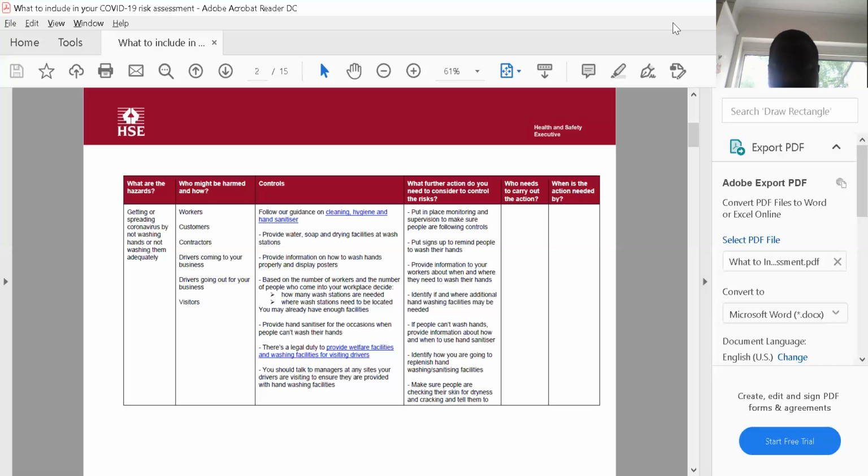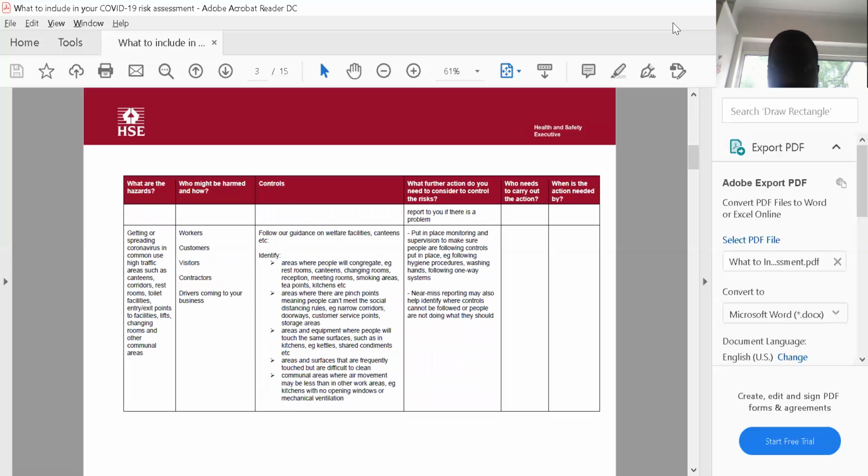Of course, we all already understand that because of the ethanol content of the sanitizers, it's going to crack your skin. So there is alcohol content, 60% plus, and with more frequent use, there's that opportunity for that to happen. So think about how that will be addressed.